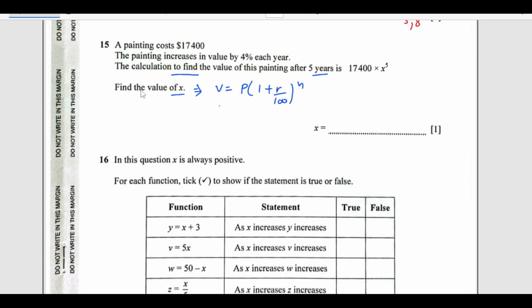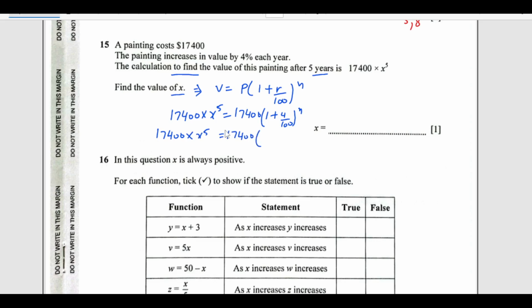So we are given that it is 17,400 x power 5. So P here is 17,400 into x, 1 plus R is 4 over 100 power n, right? So if we compare here, let me just write first 17,400 into x power 5.